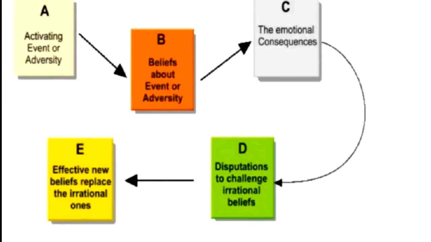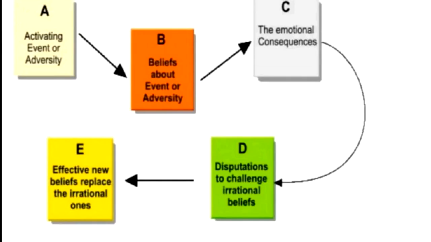As you can see in this slide, an activating event happens, you think in a certain way, and the consequence is the emotional response to your thoughts. But what if you can replace those irrational beliefs with more rational ones? Then the emotional response will be more helpful, or you can say better.